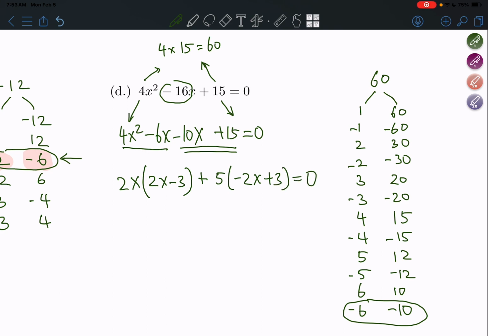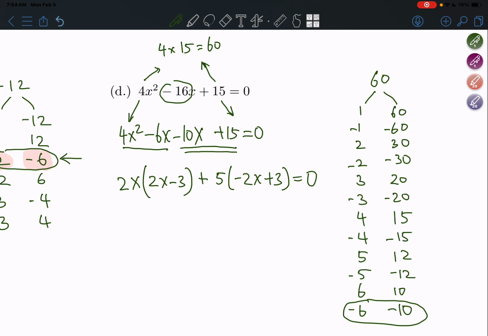The problem here is now these are no longer the same term. So you can't just factor that out. But we recognize they're actually pretty close. The first one is 2x minus 3. The second one is negative 2x plus 3.